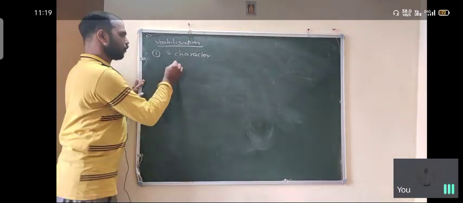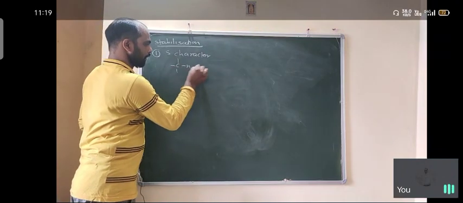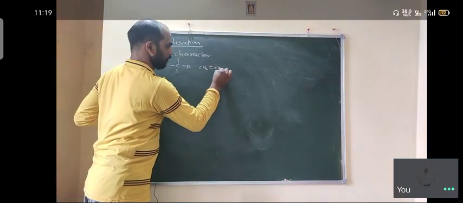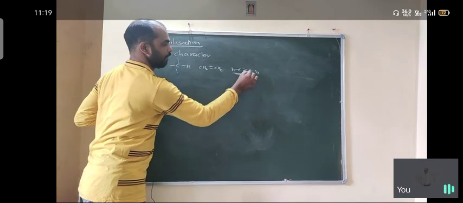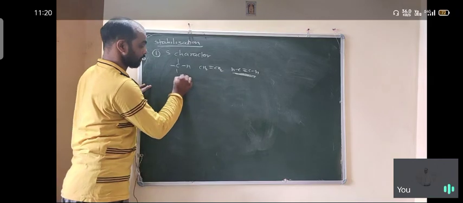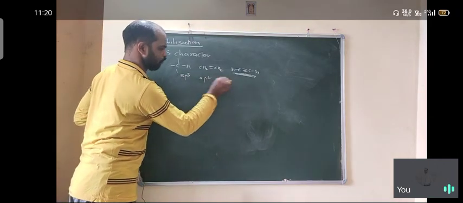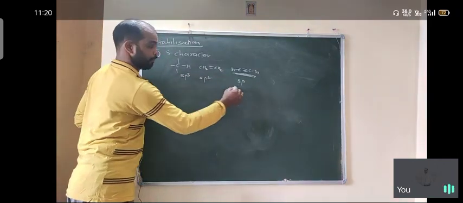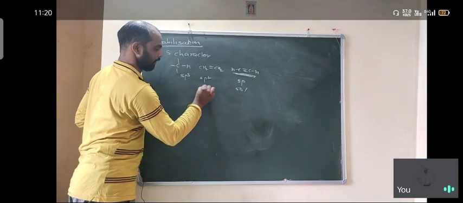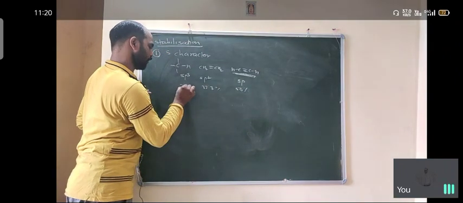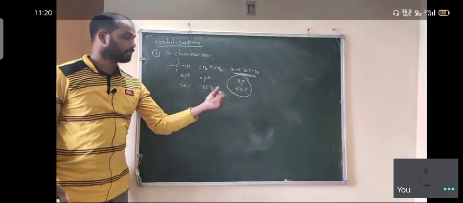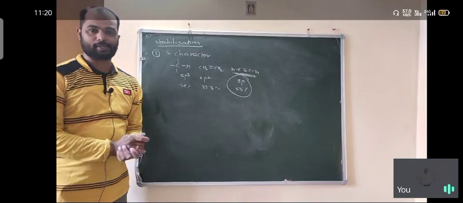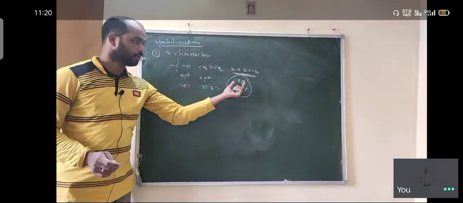As compared to alkane and alkyne, here this carbanion is more stabilized because here is the sp3, here is the sp2, here is the sp. So here 50% s character, here 33.3%, here 25%, meaning in the last case there will be more stability of carbanion due to more s character.